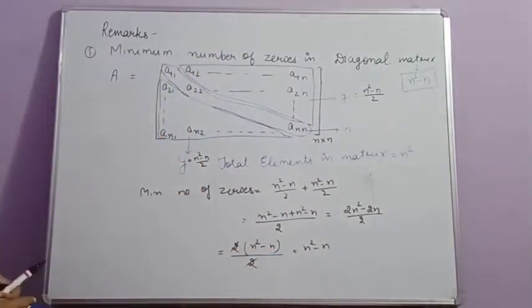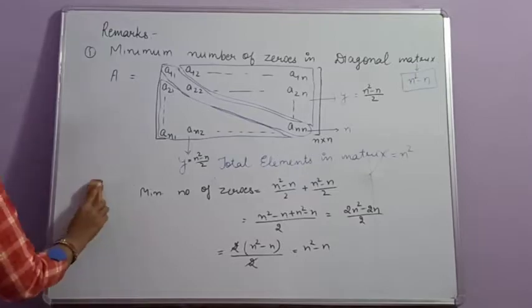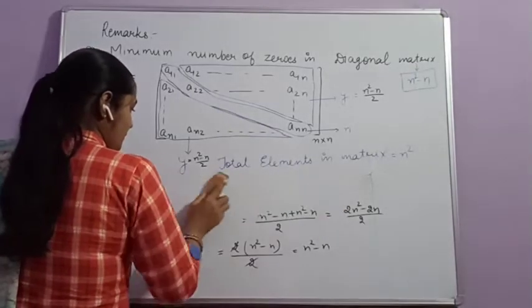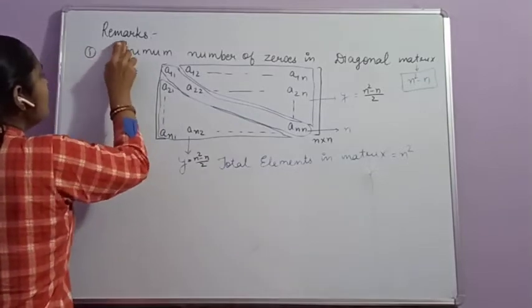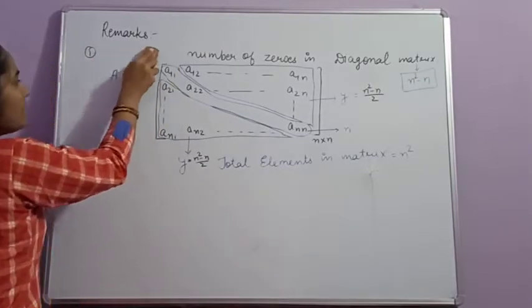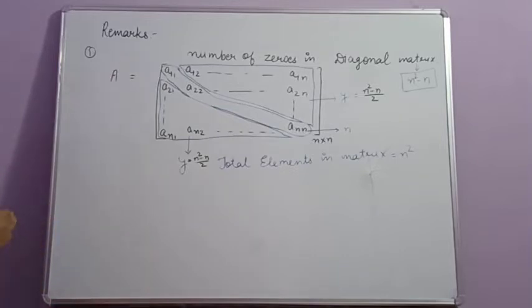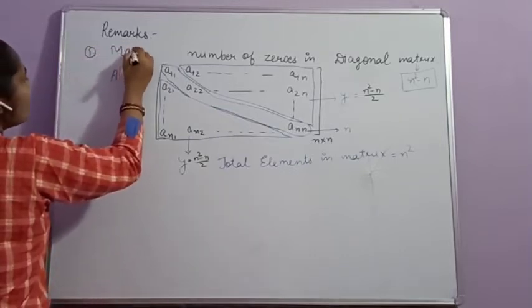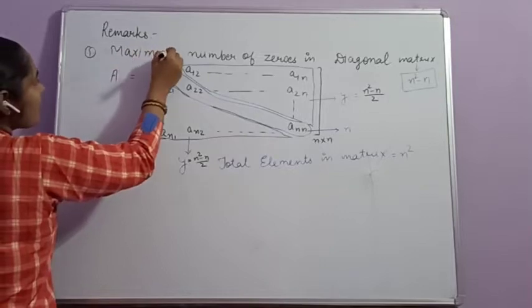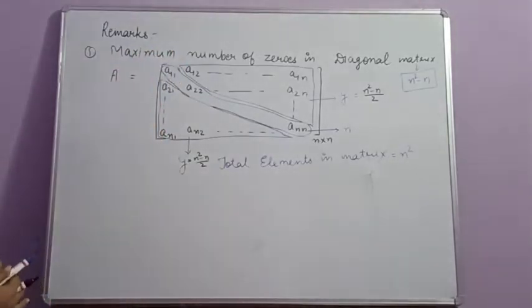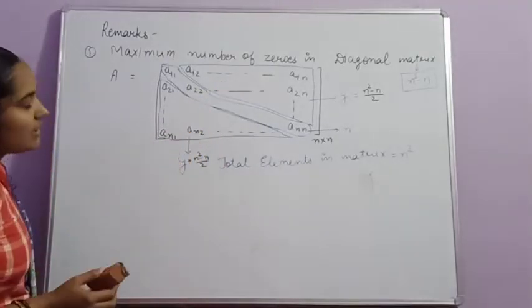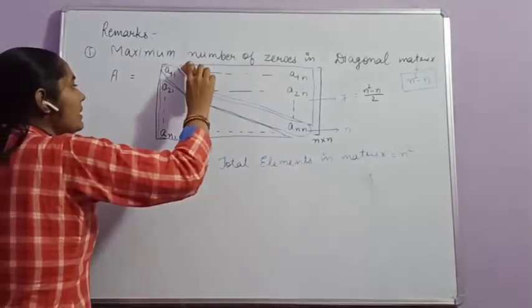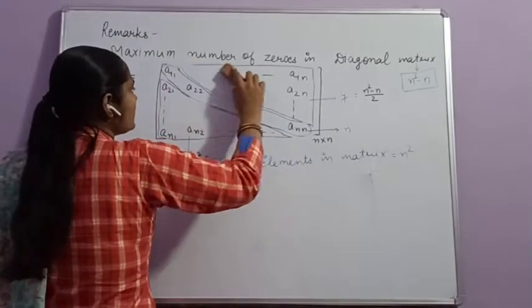Now we have to find the maximum number of zeros in a diagonal matrix. Here we can calculate the maximum number of zeros. In a diagonal matrix, the upper triangular matrix and the lower triangular matrix are equal to 0. Clear? We can write it down.